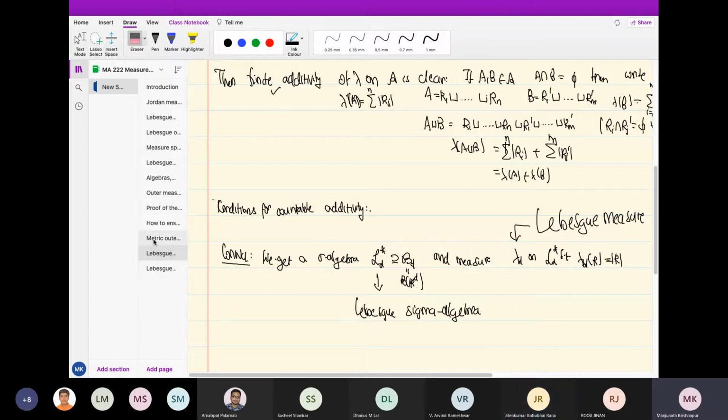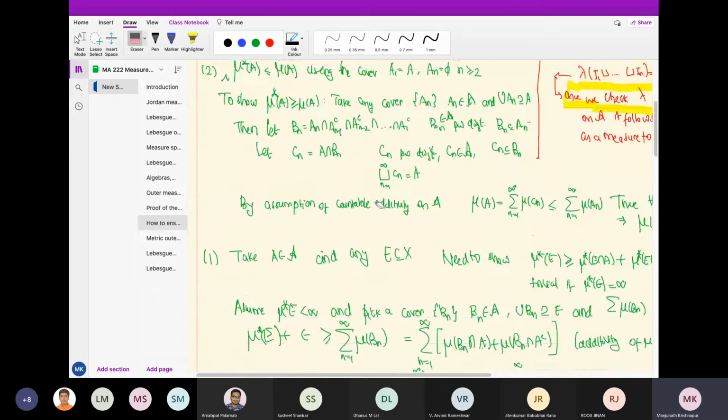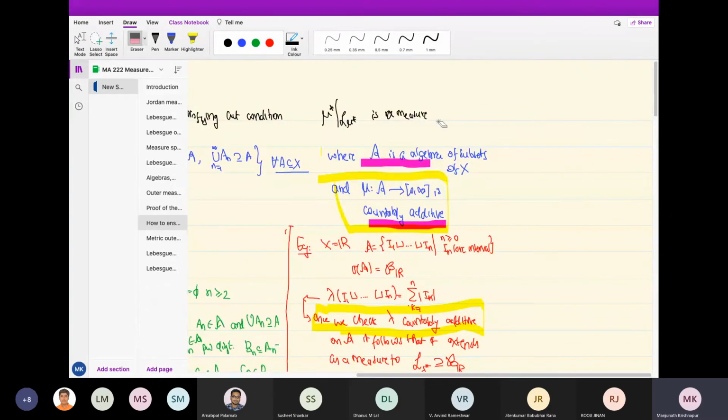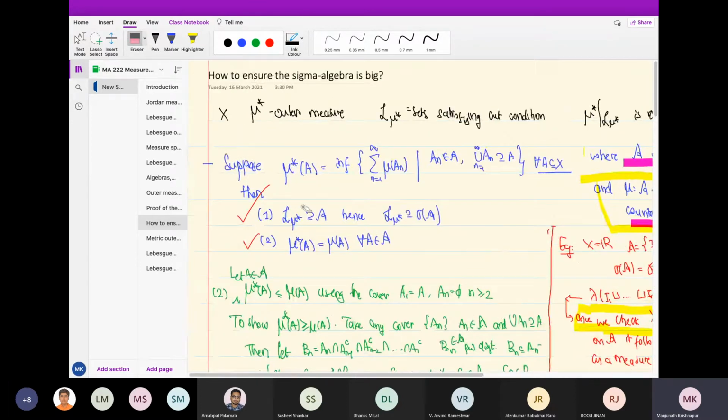What did we prove about the extension theorem? We said that if mu is an outer measure, it gives a measure on the sigma algebra L, the collection of sets that satisfy the Carathéodory condition. But there was another statement: if mu is countably additive on the algebra A, then that L mu star, that sigma algebra, contains the algebra itself.